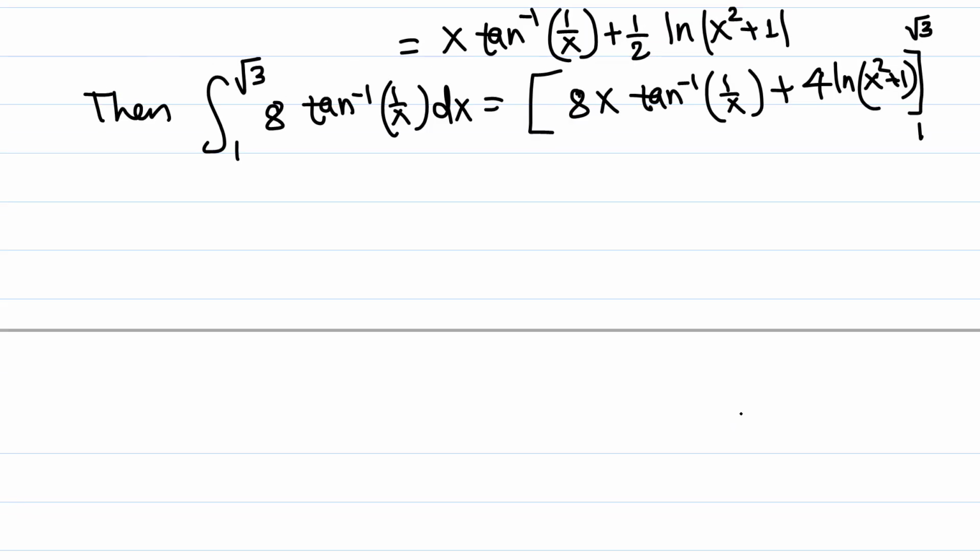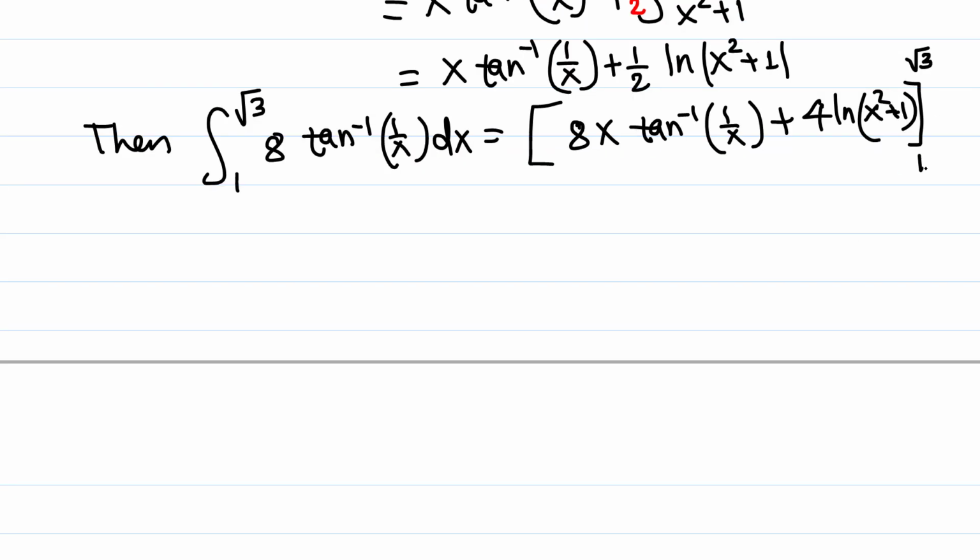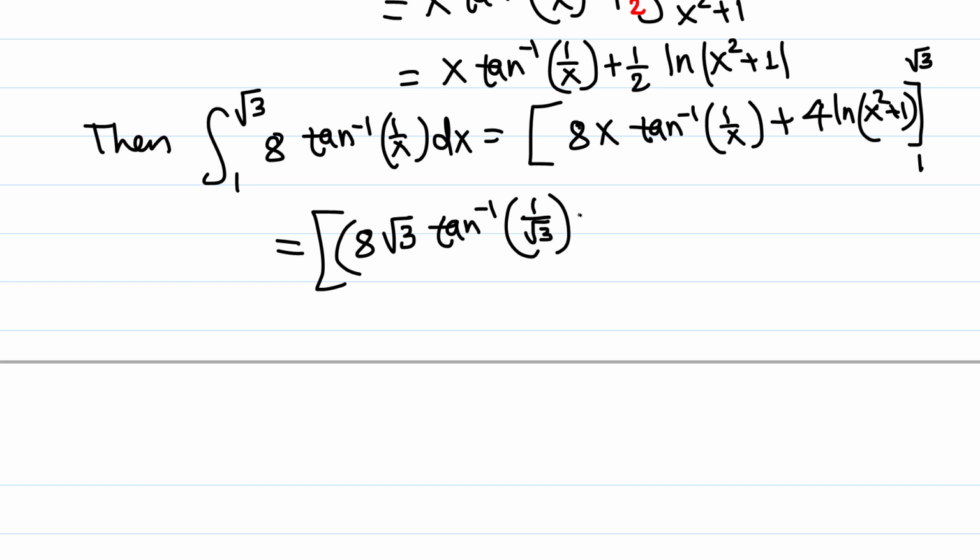Okay, now we plug in the upper limit root 3, then the lower limit 1. So plug in root 3. So this is 8 times root 3 tangent inverse of 1 over root 3 plus 4 natural log of root 3 squared, that's 3 plus 1, 4.